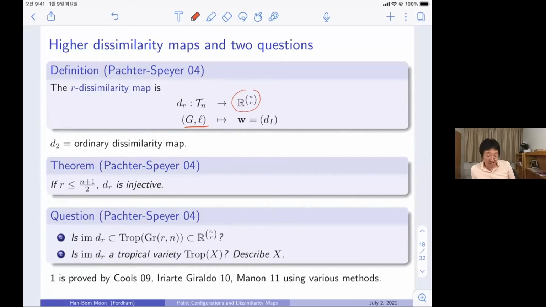So they asked, is it always true or not? After that, the second question they asked is, is the image of D_r a tropical variety or not? If this is a tropical variety, then this is the tropicalization of an ordinary algebraic variety X inside a torus. So their question is, describe the algebraic variety X.